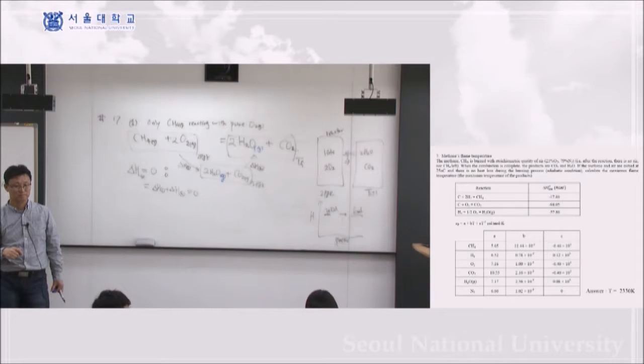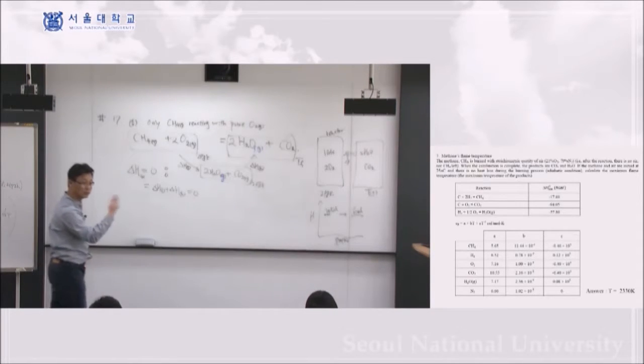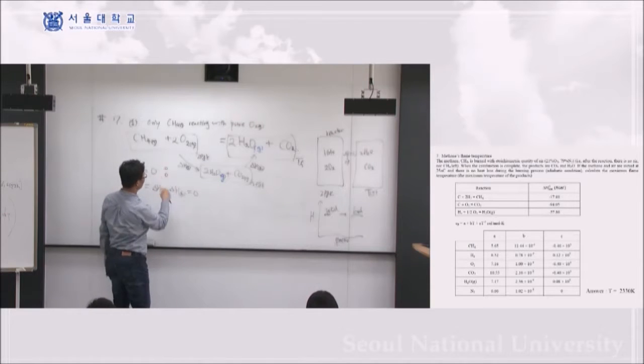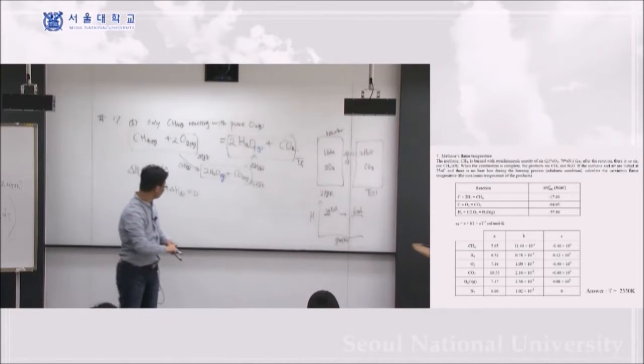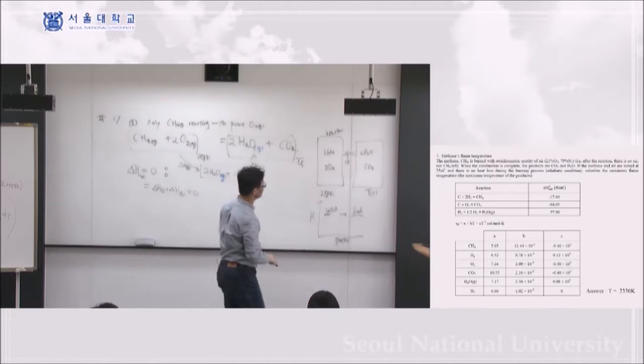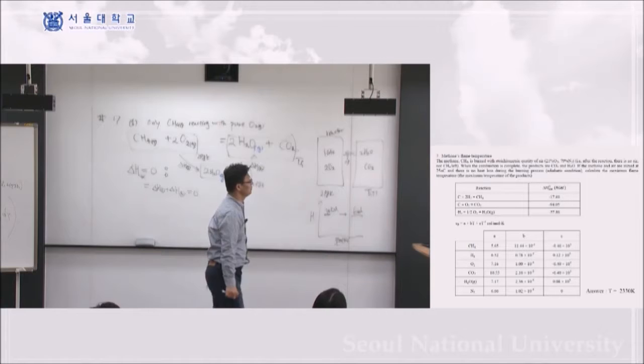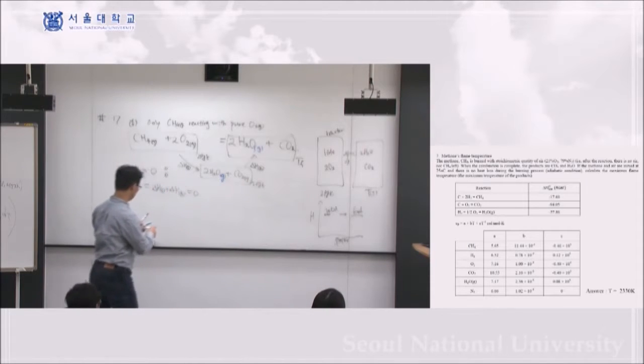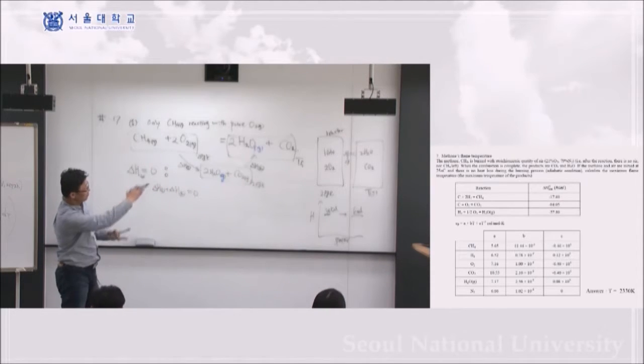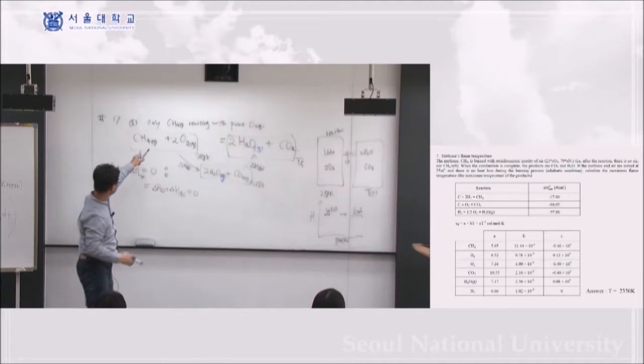Okay? Just an intermediate state, whatever you can set up. So now, if you look at this one, delta H1, how can I calculate delta H1? If you look at these three reactions, C plus 2H2 to CH4, and if you combine them together, you can actually generate this one.